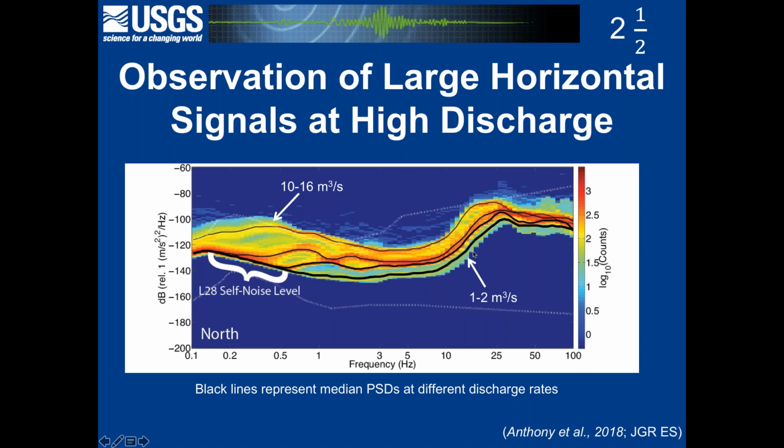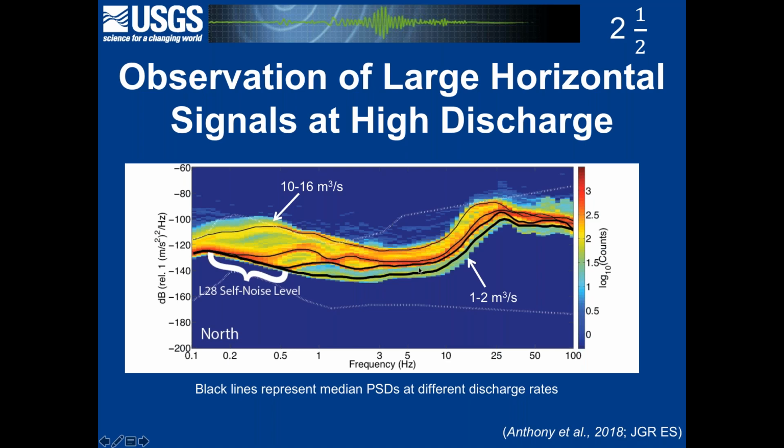There's not much water coming down through the river. And what you can see in general is that if you have higher levels of water coming down through the system, you get more seismic energy, particularly at frequencies of about 0.2 to 0.3 hertz or so. So this is about 5 seconds to about a half a second period.